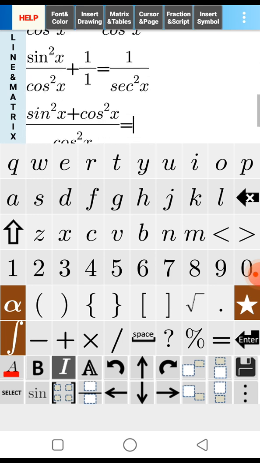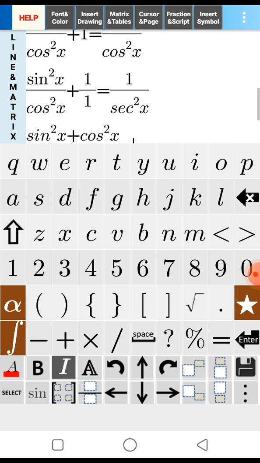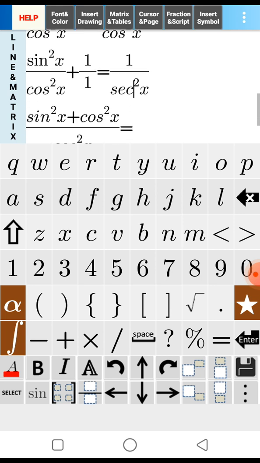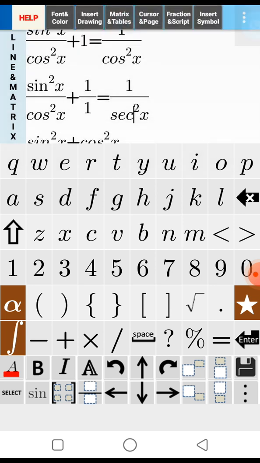I'm sorry guys, I have committed a mistake here. It's not secant square x, but it is cosine square x. As you know, the value of secant square x is equal to 1 divided by cosine square x.